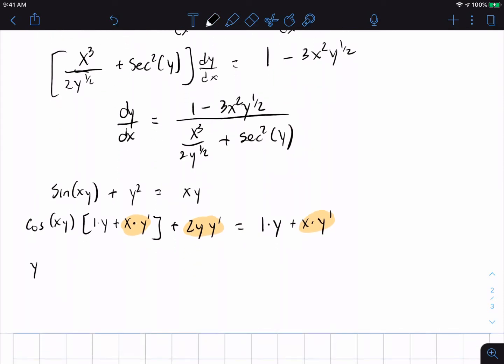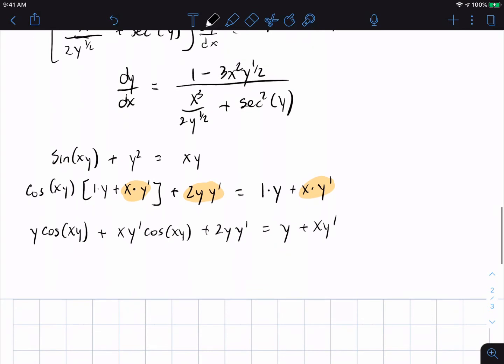So I'm going to go, okay, y cosine of xy plus x y prime cosine of xy plus 2y y prime is equal to y plus x y prime. Okay, so what I'm going to do is I'm going to move to this side, y minus y cosine xy. And over here I'm going to get x cosine of xy plus 2y minus x, y prime.